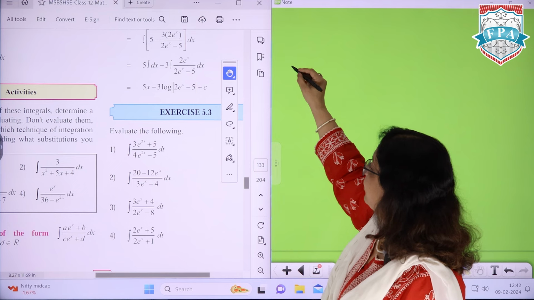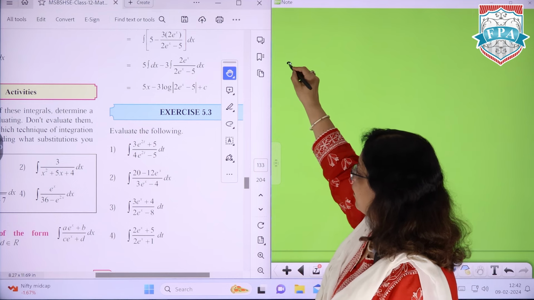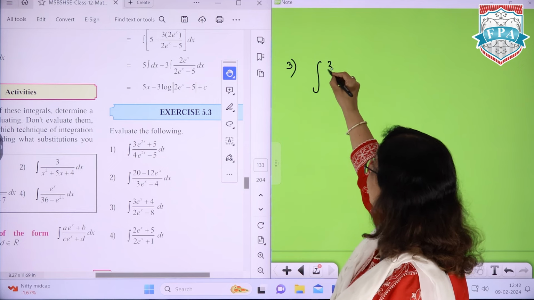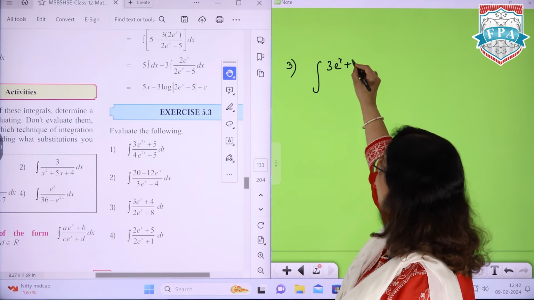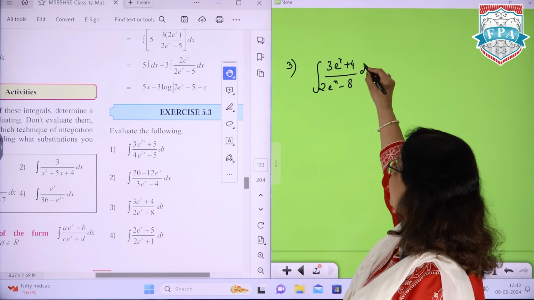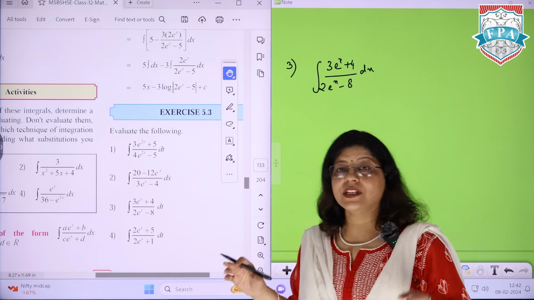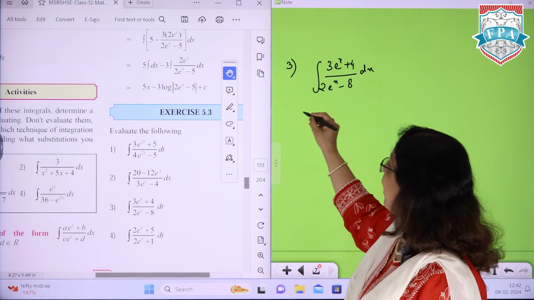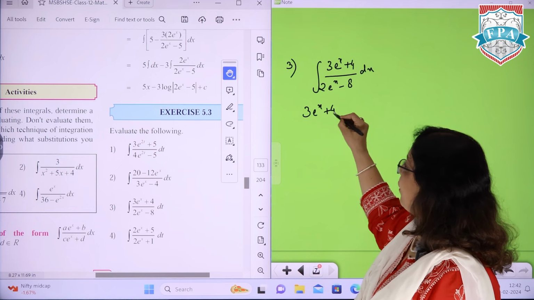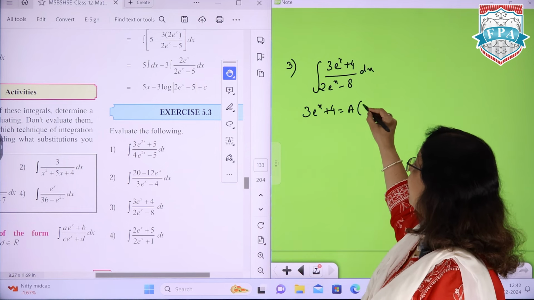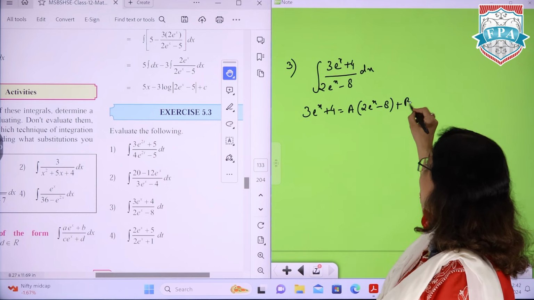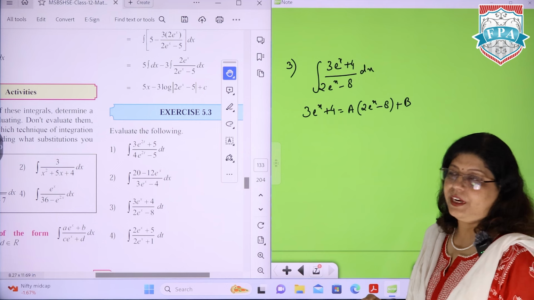Question number, say, 3. The question suggests 3e to the power of x plus 4 upon 2e to the power x minus 8 dx. Now the numerator is 3e to the power x plus 4. As the formula suggests, 3e to the power x plus 4 is equal to a times the denominator plus b times d by dx of denominator.